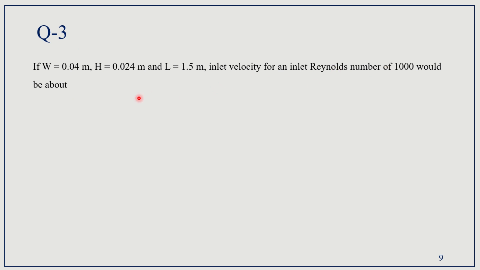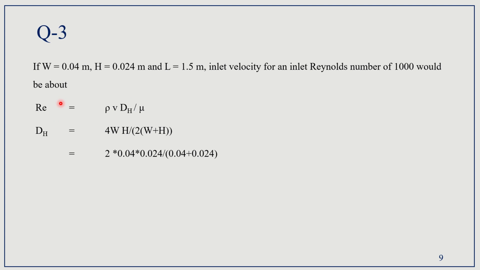First we need to identify the hydraulic diameter for substituting in the Reynolds number term. Reynolds number is given by rho v dh by mu, and dh is nothing but 4 times wh divided by 2 times w plus h, and we substitute all the known values in this equation. So what are we getting?